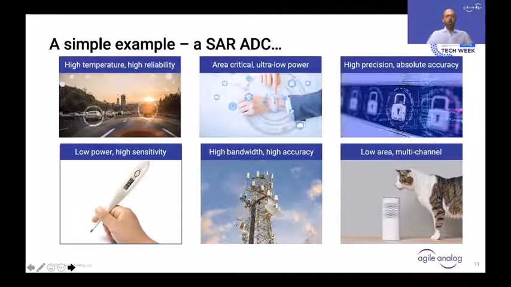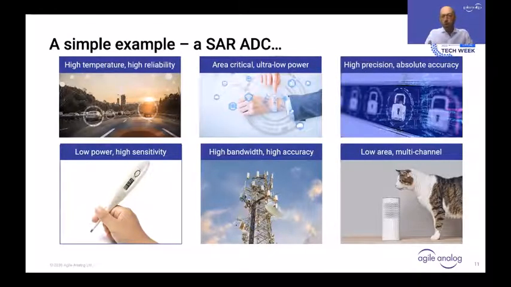So now I want to focus on an example to illustrate the sort of problems that you might see. This is a SAR ADC, and here you can see 6 different types of applications that require different types of optimization. Starting off on the top left, you have automotive. Here you have a wider temperature requirement and increased reliability. If you go for a wearable, then you're usually area critical and you want ultra low power.